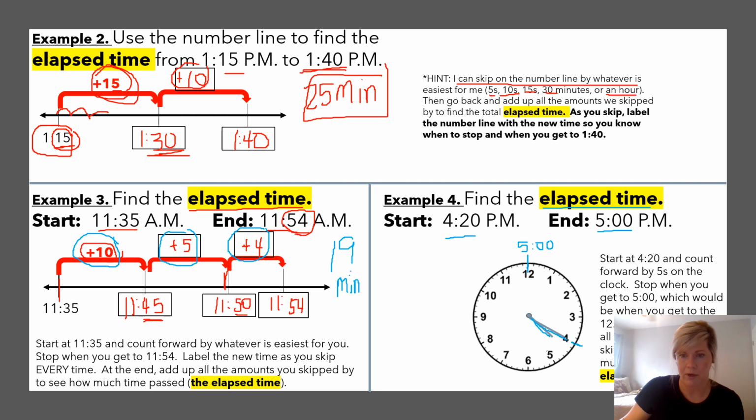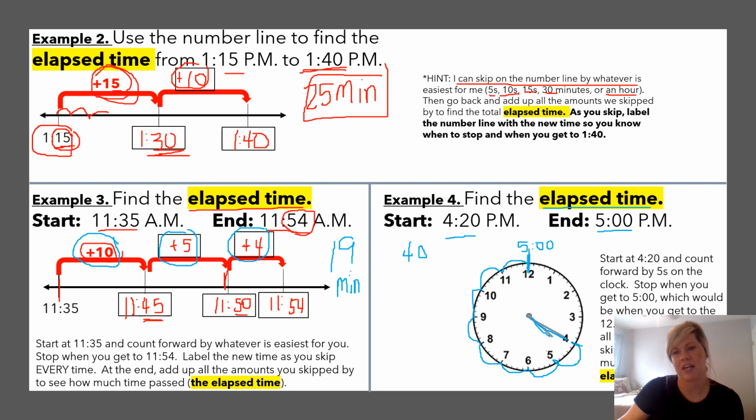This is 20 right here, so I would say 5, 10, 15, 20, 25, 30, 35, 40. 40 minutes have passed. Now I went ahead and marked off where I needed to stop.